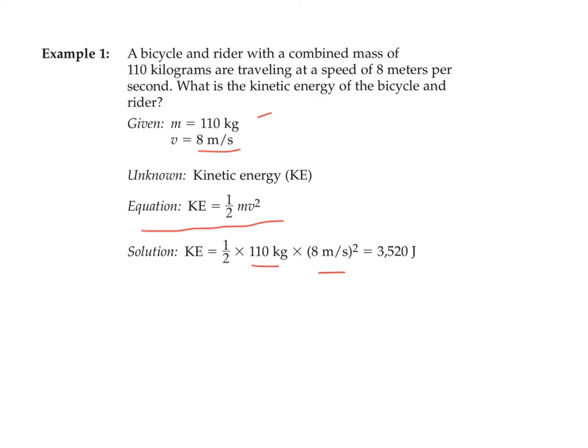So 8 meters per second squared will give you 64 meters squared per second squared, right? And we multiply that times the 110 kg, right? And that gives us, I do believe, 7040.